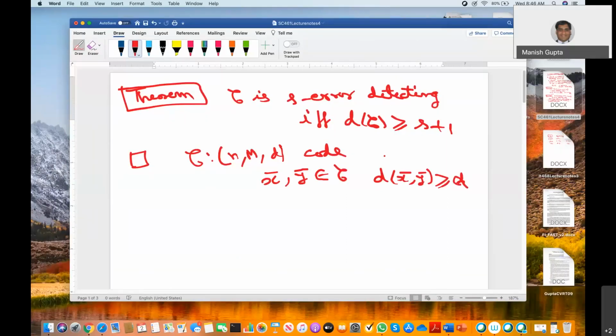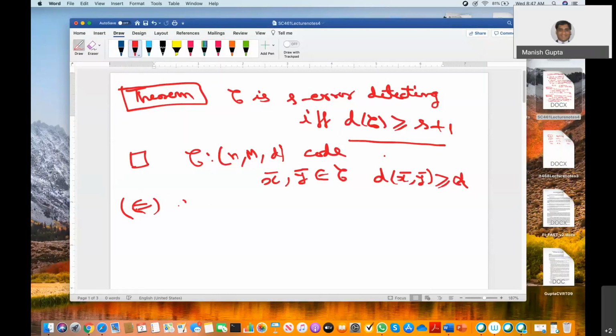Now we want to first prove this way. We assume that this is true and we'll try to prove that C is S error detecting.